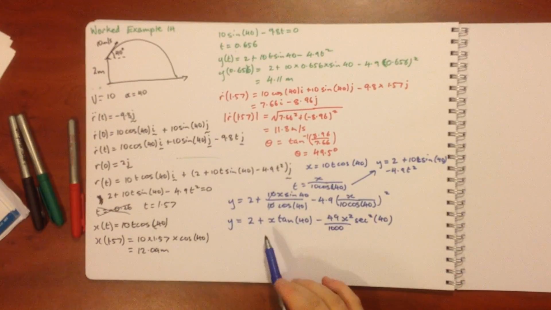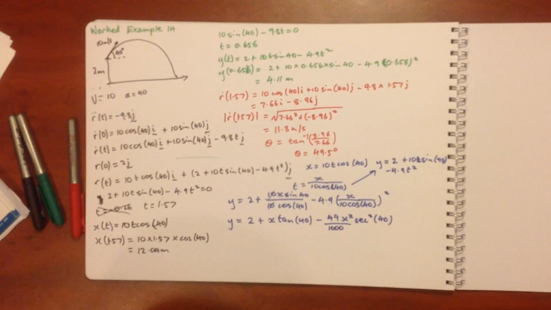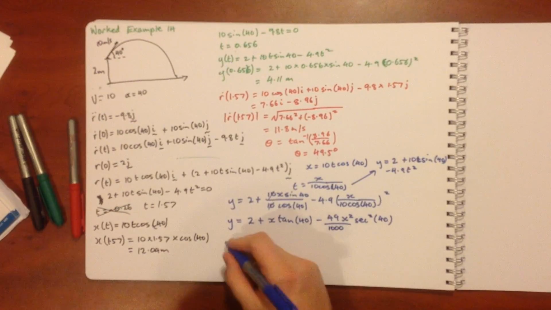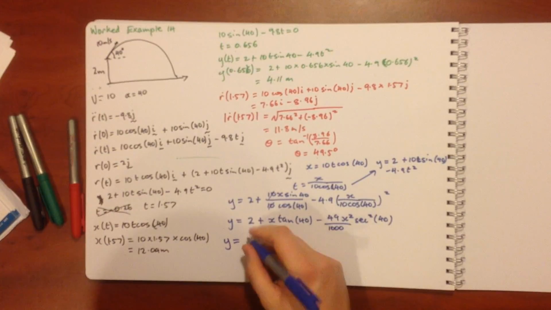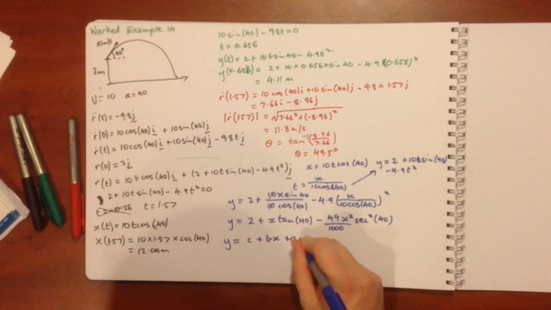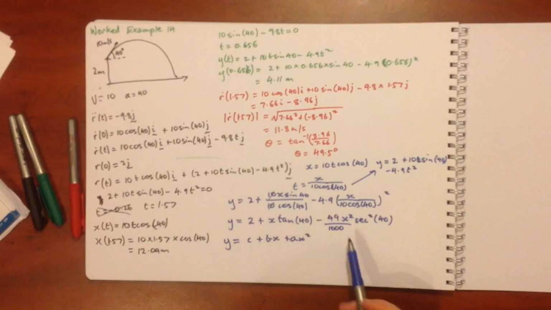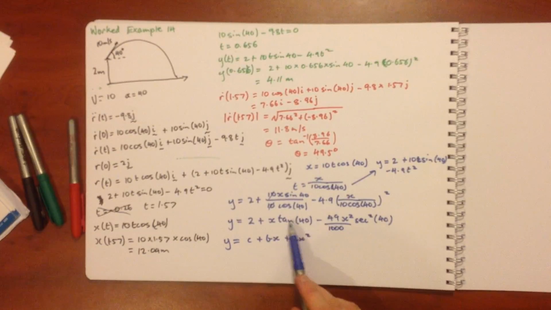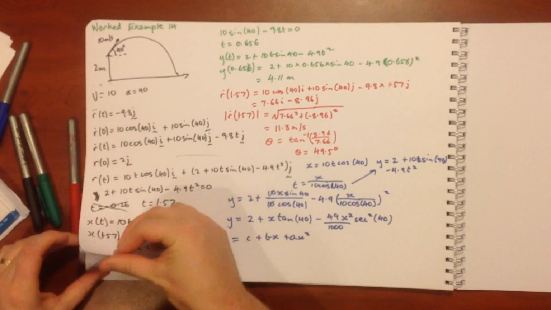And we can see that this is simply the equation of a parabola, where we're in the form y equals c plus bx plus ax squared. If you want to, you could always work out what these numbers are, so you can see it in that form a little bit easier. So we'll move on to the next worked example.